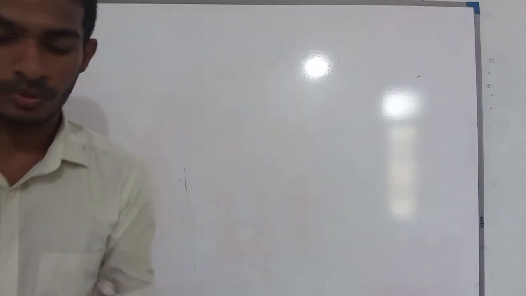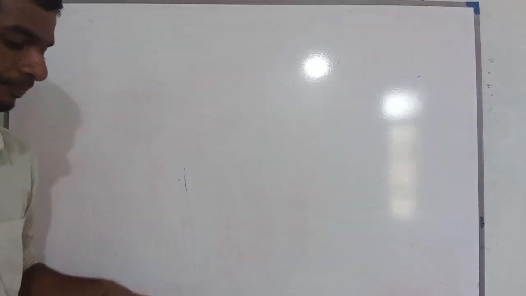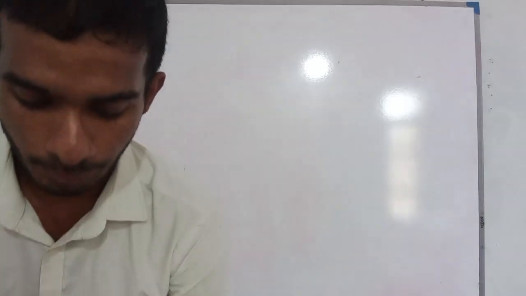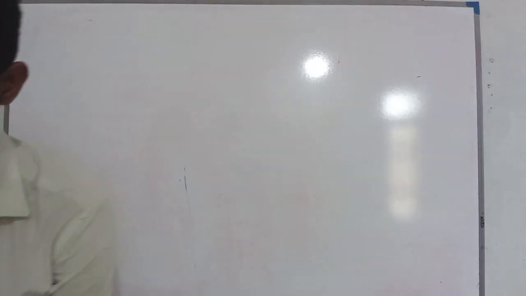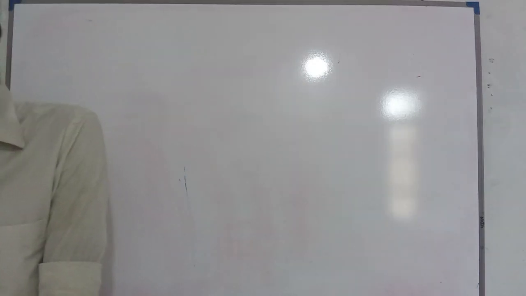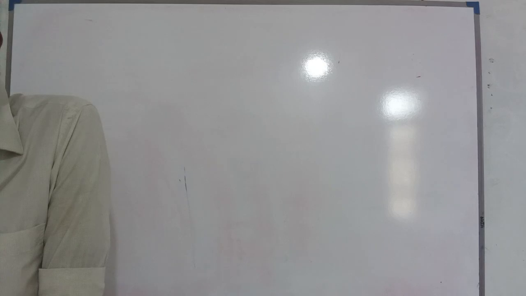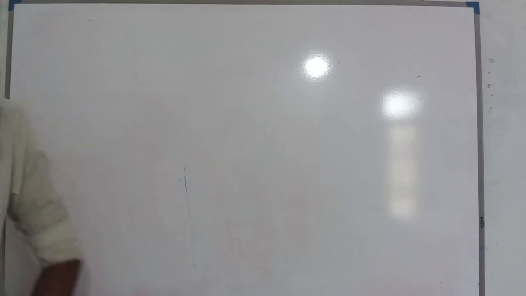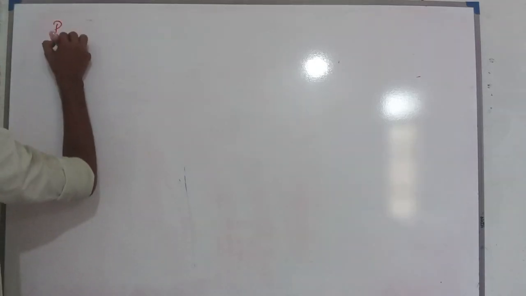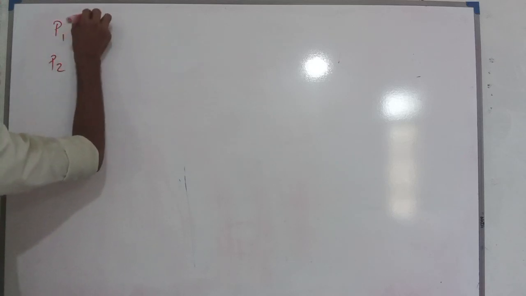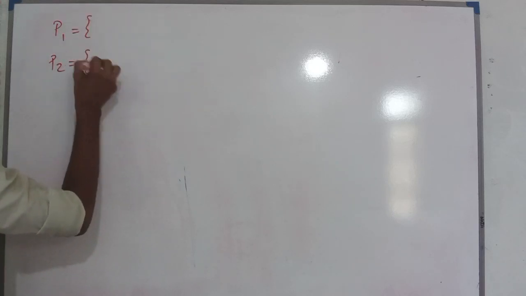Okay, let me read the question and try to do that. Here, let P1 and P2 be the two sets. We have two sets and the elements are separately given.